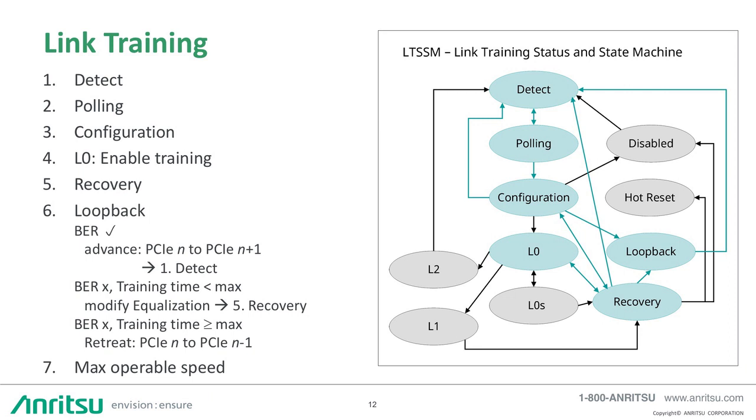In the context of receiver testing, the BERT pattern generator plays the role of reference transmitter. In Phase 1, detect, it transmits protocol-based training sequences that convey the bit rate, the polarity, and configuration to the SerDes receiver, the SerDes being the device under test.